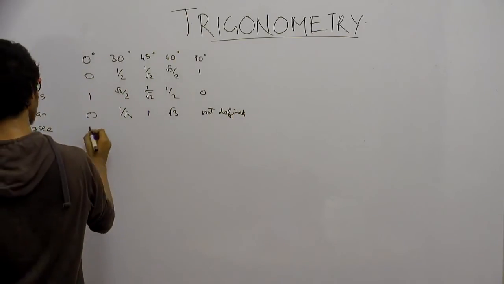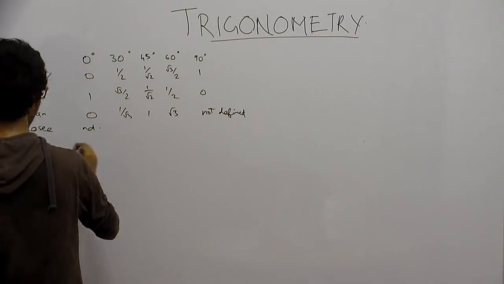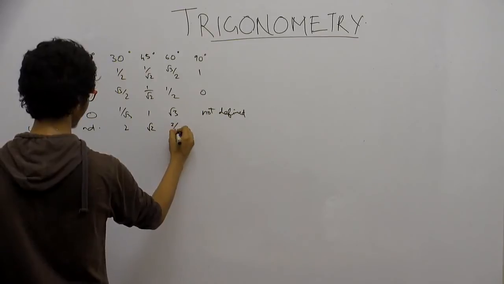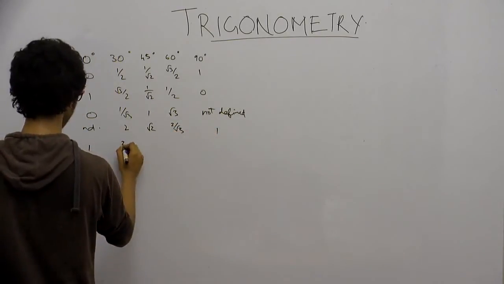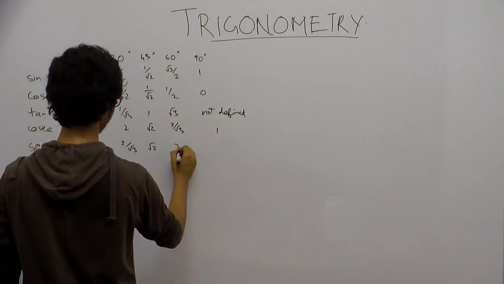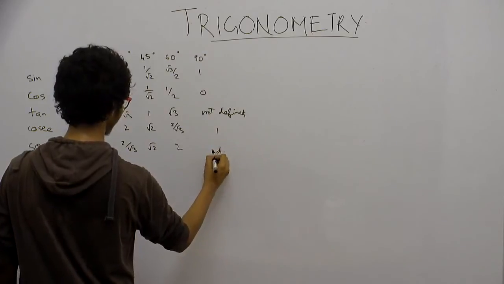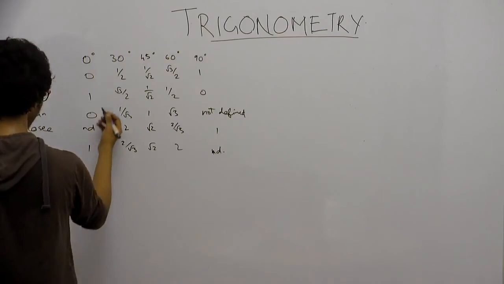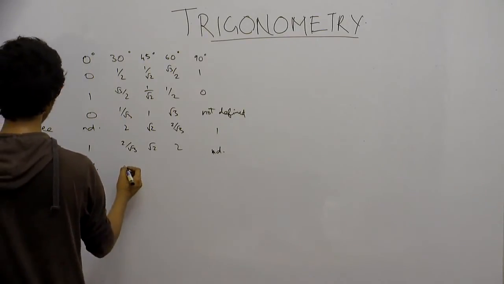Going for cosec, ND stands for not defined. Cosec 30 degree is 2, root 2, 2 by root 3, 1. Sec is 1, 2 by root 3, root 2, 2, ND, not defined. Cot again is the inverse of tan. Tan is 0, so this will be not defined.